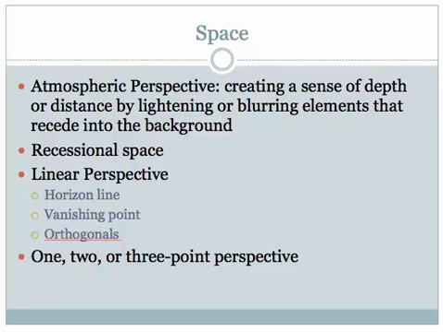But a scientific understanding of this is really when artists begin to apply the term linear perspective. Some of you might have encountered this in middle school art classes. Vanishing point: a single point of your perspective, where all things recede to that one area.